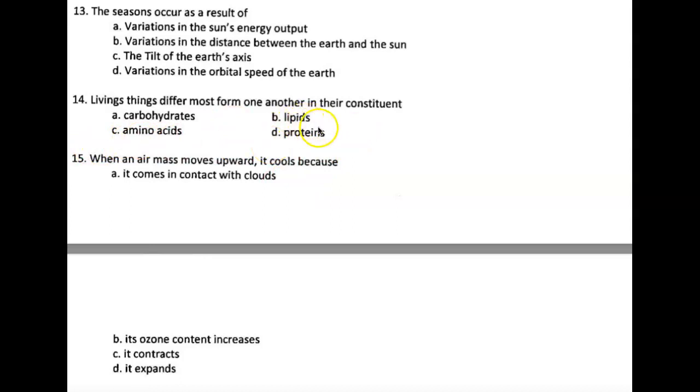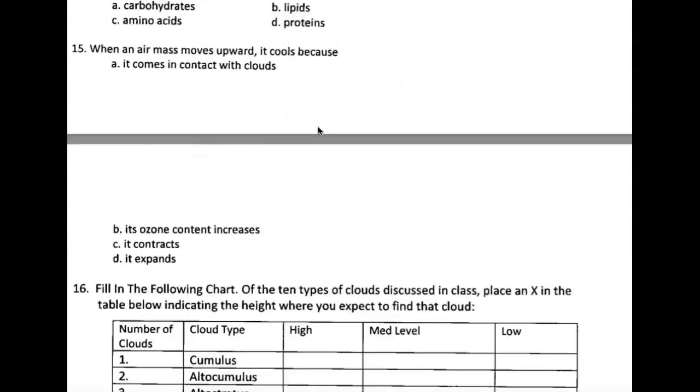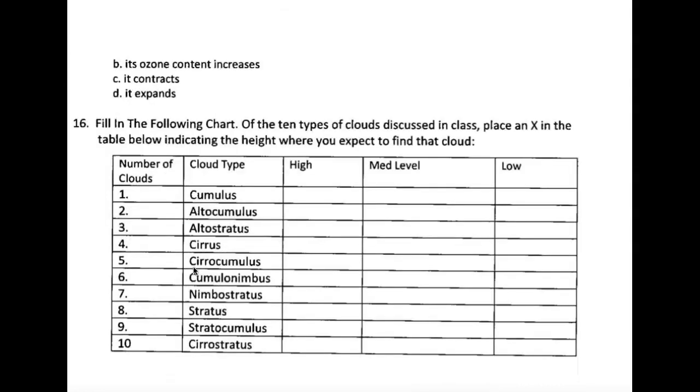It's proteins that cause living forms to differ most from one another. When an air mass moves upward, it cools because it expands. So 15 is D.